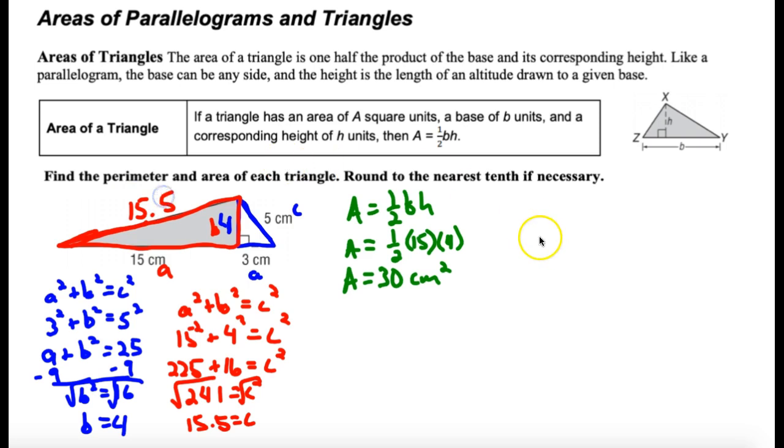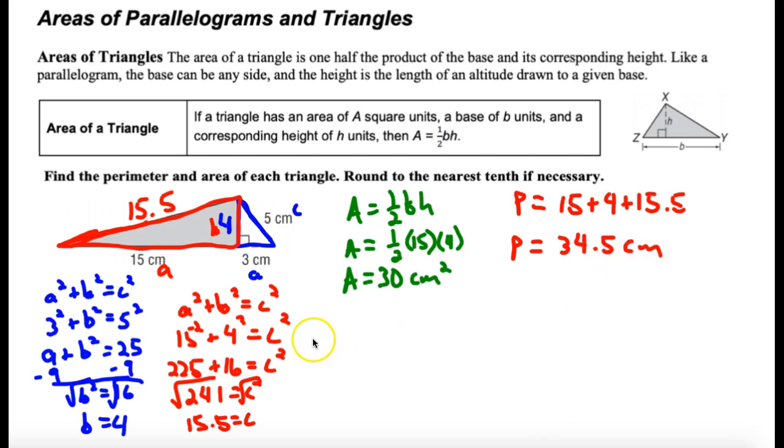And to find the perimeter then, we'll add these three sides together. 15 plus 4 plus 15.5. So that will be 34.5 centimeters. Okay, so finding missing pieces of information to find the area and the perimeter using Pythagorean theorem.